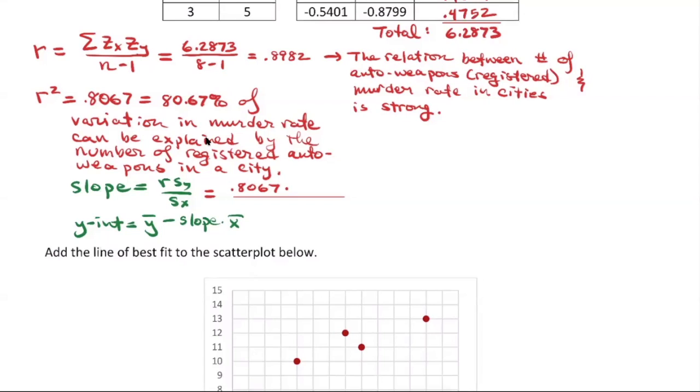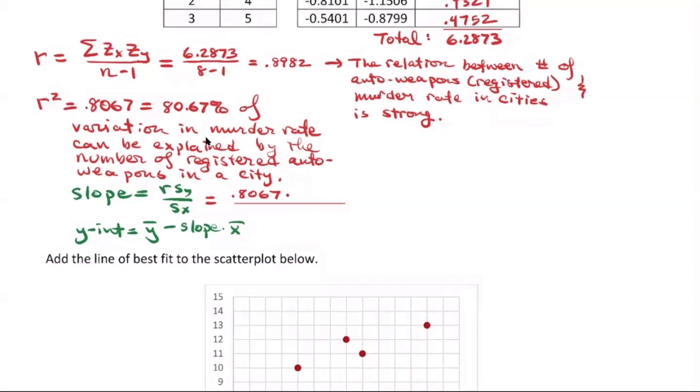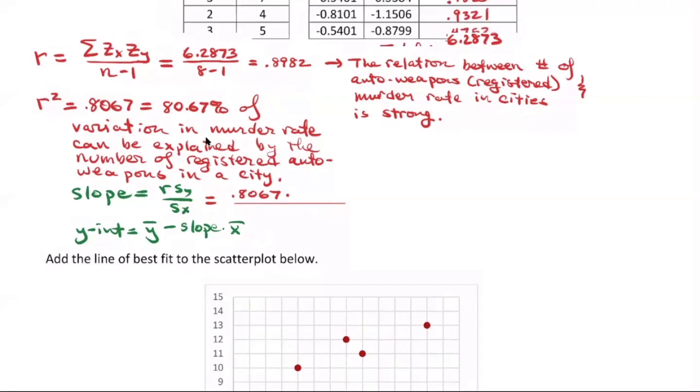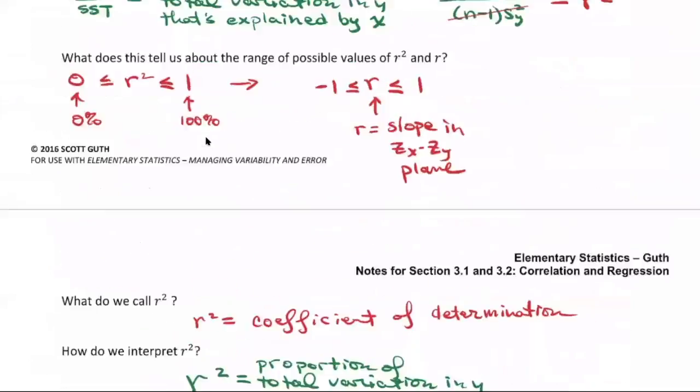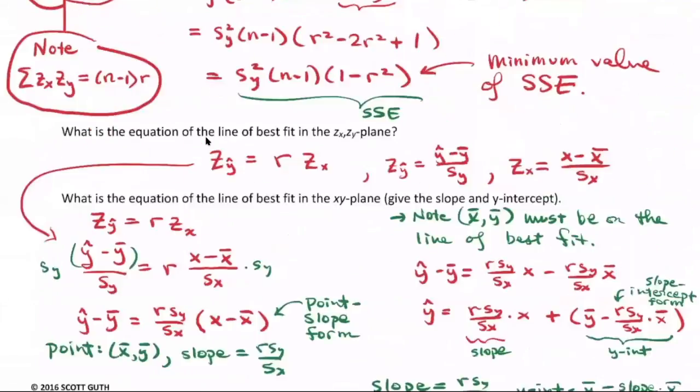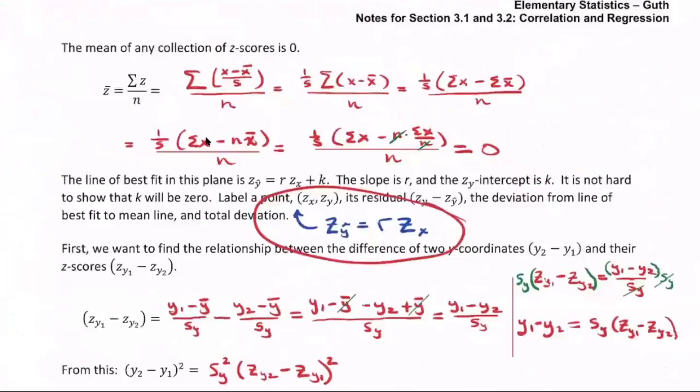Standard deviation of X is the average run in X. So it's still a rise over run, and multiplies by R, which kind of mixes the strength of the relationship in, and also makes this negative when the slope should be negative. That's a good thing. Anyway, SY, we got to go all the way back for SY and SX. Way back. There they are.